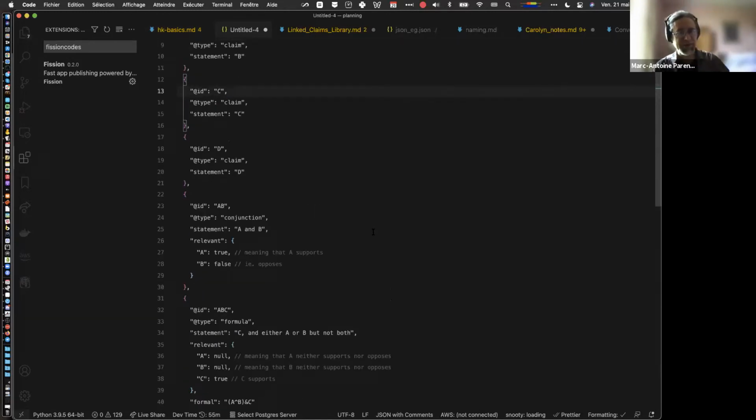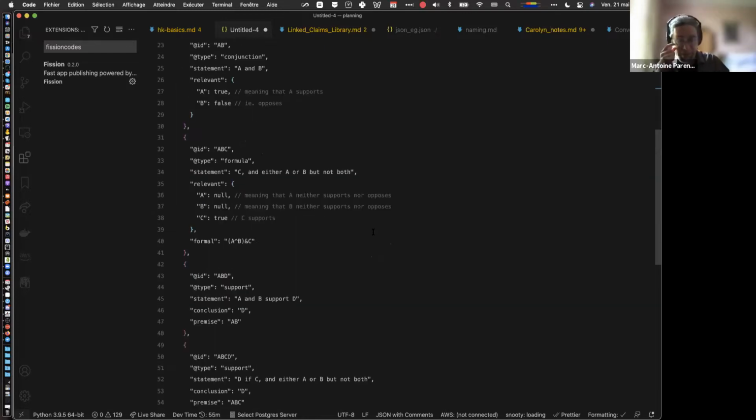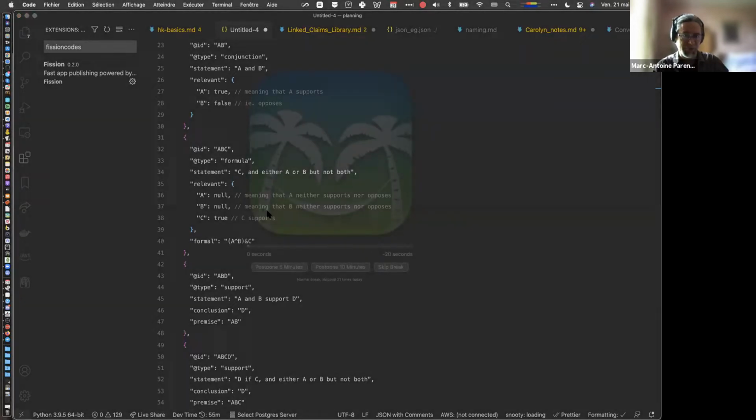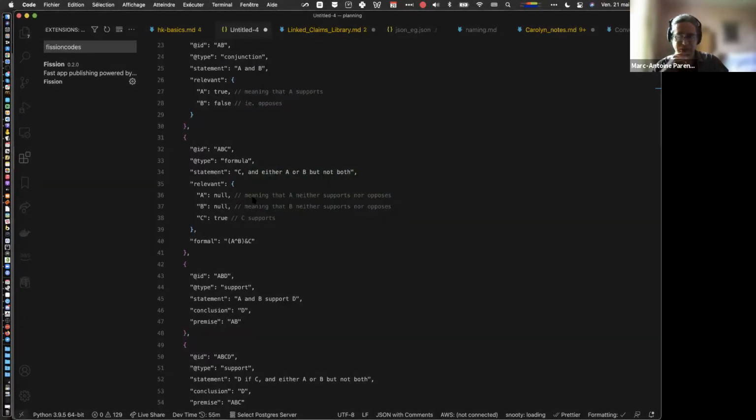Here I was working with formula, conjunction, and relevant, and a kind of relevant whether to say whether it supports or opposes, which I don't think Stephen liked. Maybe we should bring back your structure, Stephen. But I'm saying it doesn't matter. All we need are relevant claims, and since a relevant claim can also be a compound, we can suppose they're all supporting. So in a way, it is what we had before. It's not new.